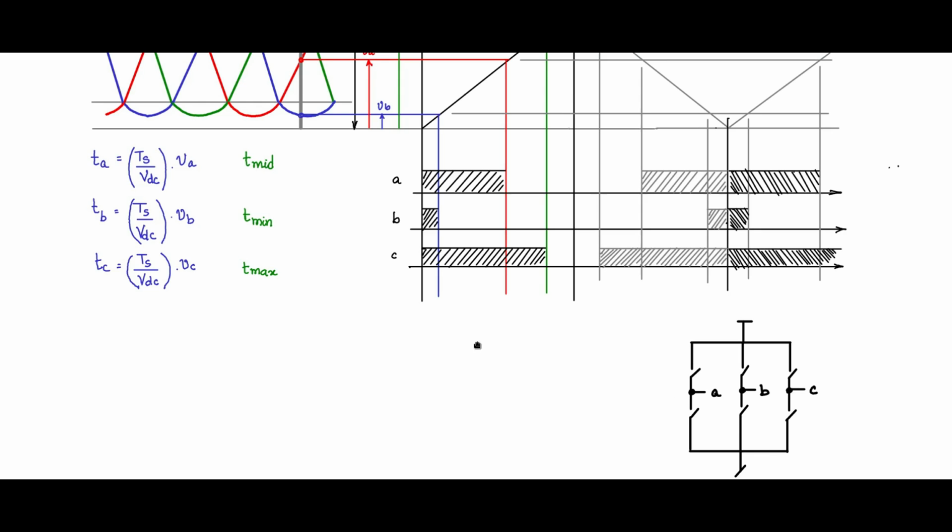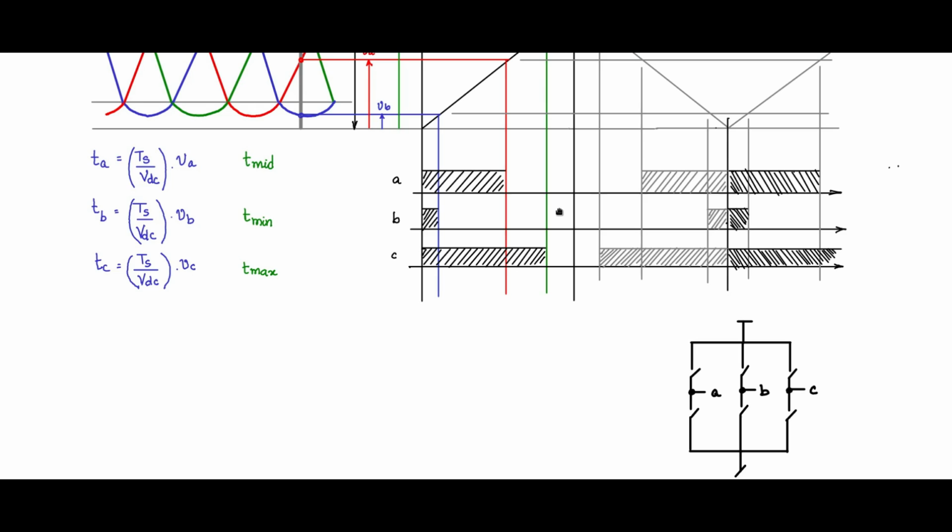Now if you observe this, during this time, A is high, B is high, C is high, this is high, this is high, this is high, all are connected high, which means the space vector is 0. So this would correspond to 0 time. Another time is here in the same TS period.